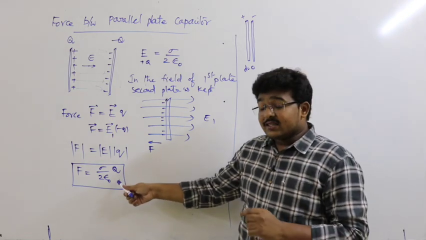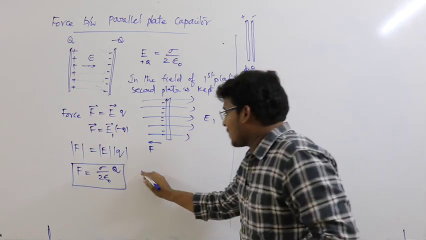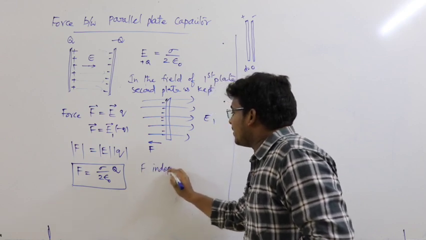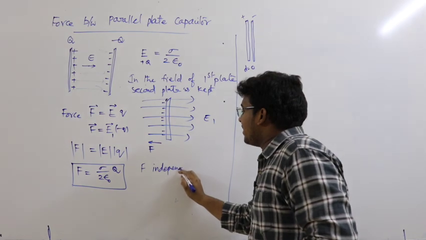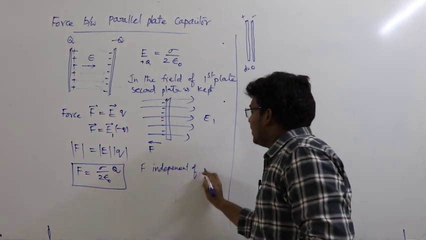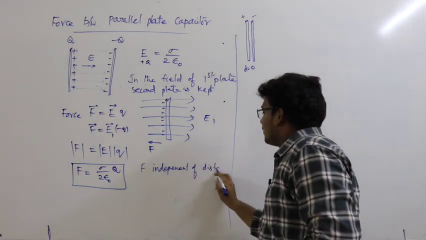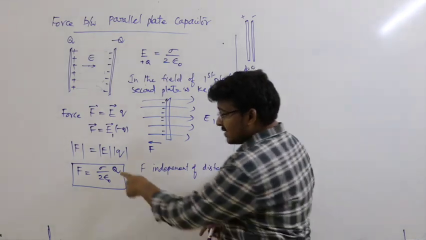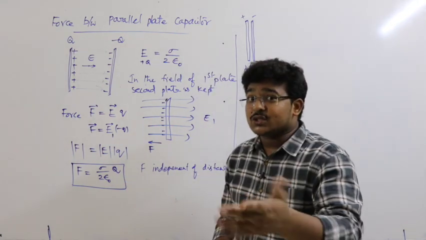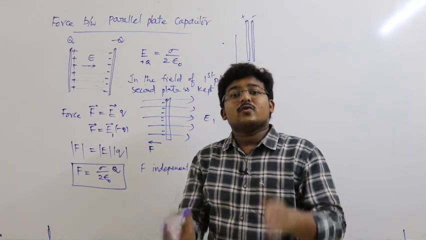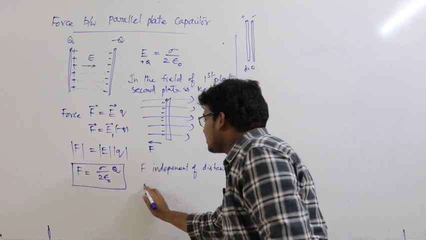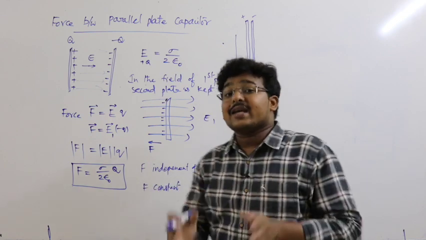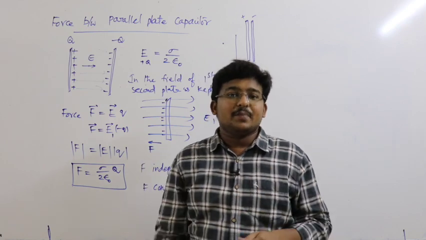And one more thing, this force is independent of distance, as we know that the electric field is also independent of distance. See, here it is sigma by epsilon naught, here there is no distance term. So force is constant. It means that a constant force is acting between the plates.